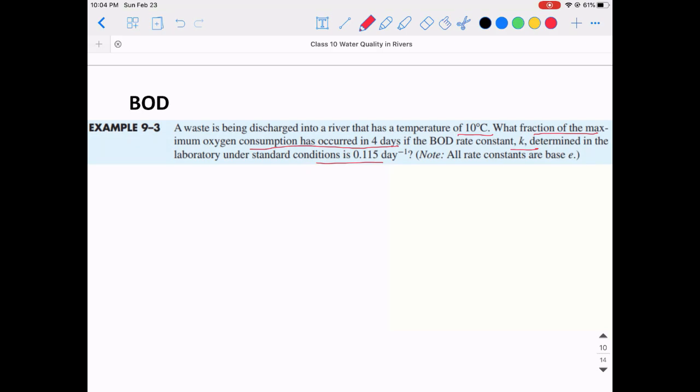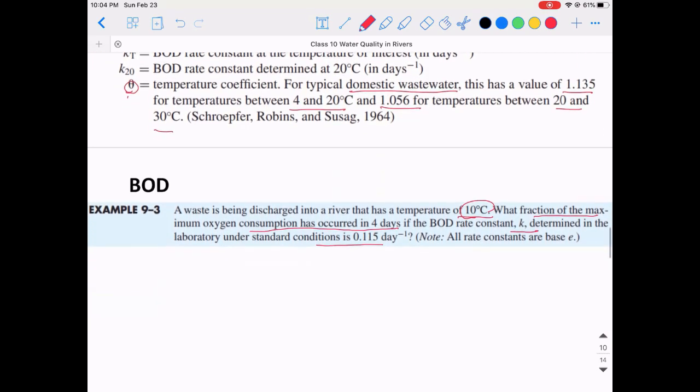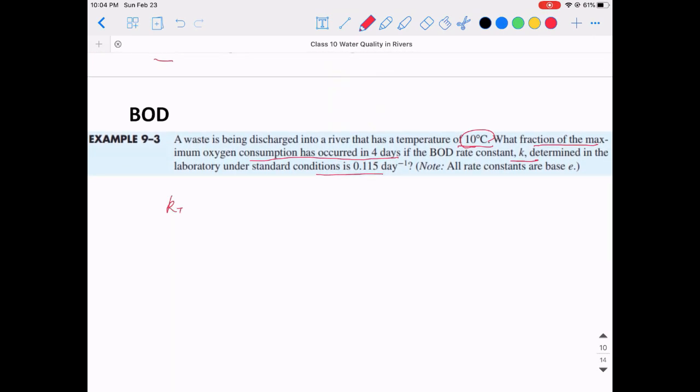Okay, so first we need to calculate the rate constant under the actual condition, which is 10 Celsius. So we can use this relationship here. Basically, KT is equal to K20 multiplied by theta to the power of T minus 20.